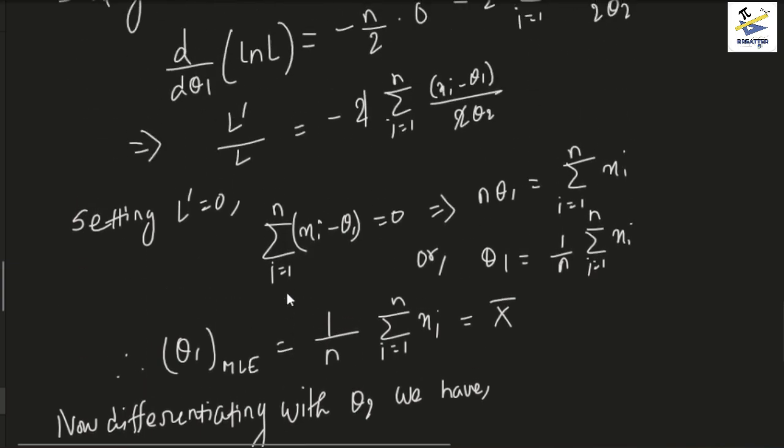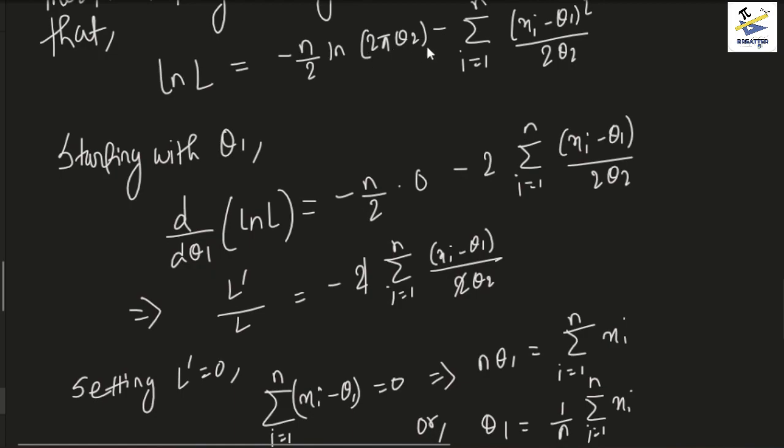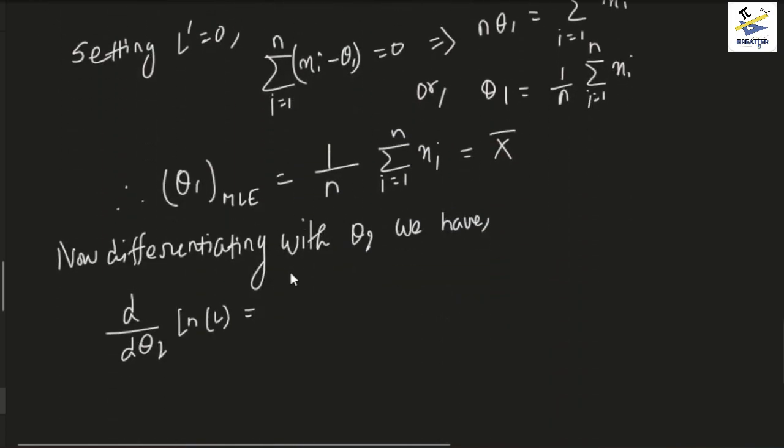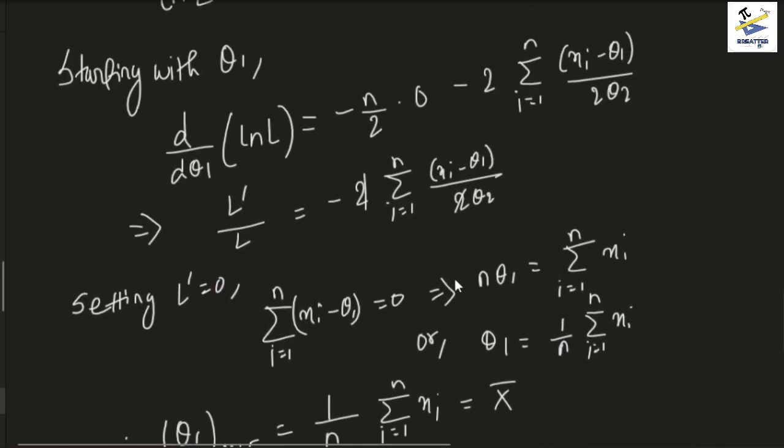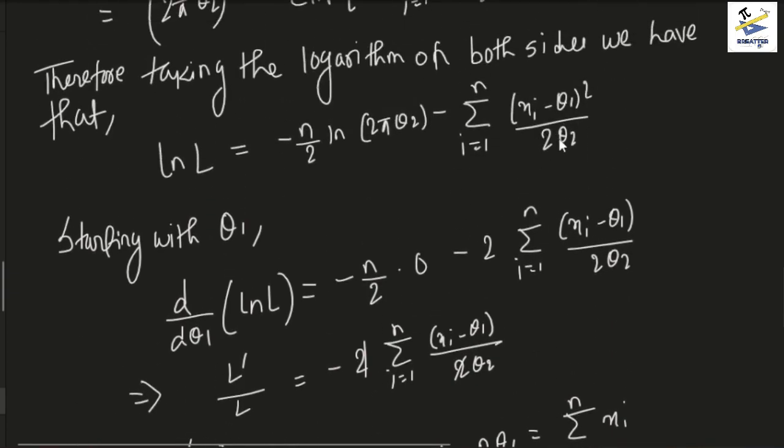Now the first term was minus n by 2 log of 2 pi theta 2. This one would be useful here, and thus we have minus n by 2 times the differentiation of log of 2 pi theta 2, which is basically 1 by 2 pi theta 2 times 2 pi. And the other term here is minus 1 by 2 theta 2, so this minus 1 by theta 2 will only be differentiated, right?